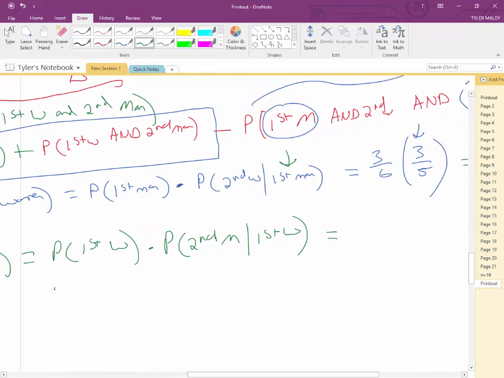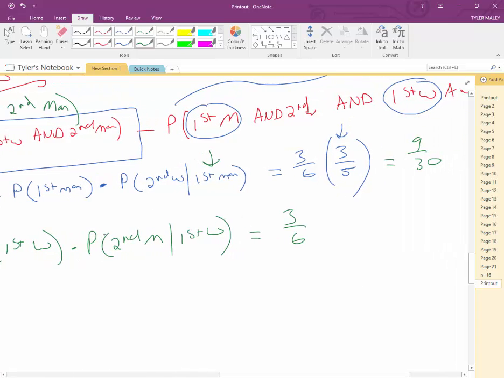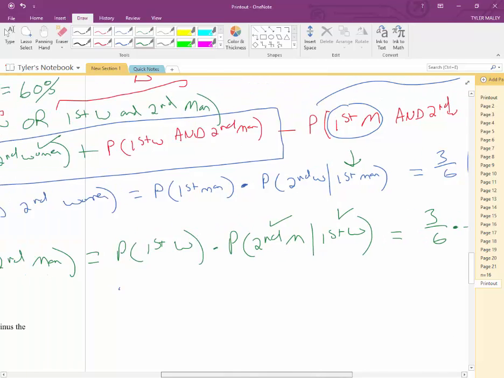So we can calculate this. So the probability that the first is a woman is 3 out of 6, right? There's 3 possible women to choose out of 6 outcomes. So the probability that the second is a man given the first is a woman would be this, right? So again, we're told that the first is a woman, so that takes away one person. And since the first was a woman, we still have all 3 men left, so this would be 3. Right, so we get 9 out of 30 again, right?